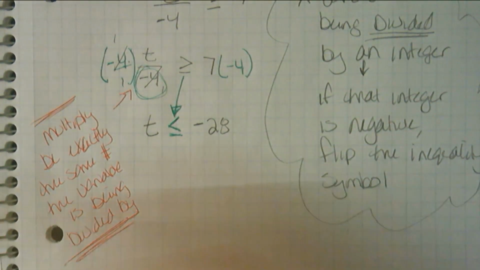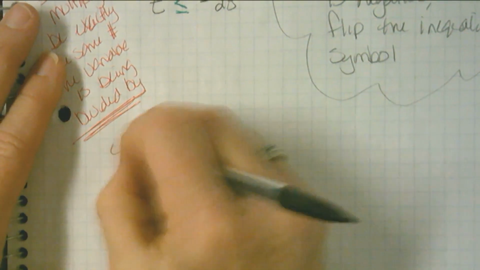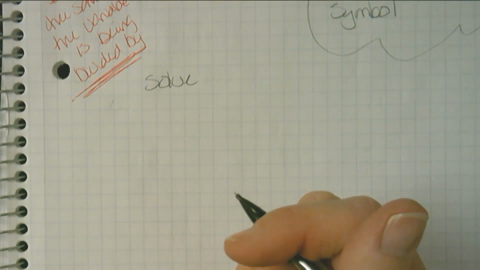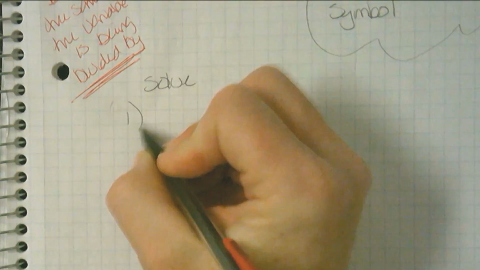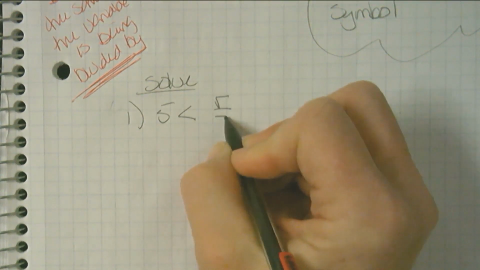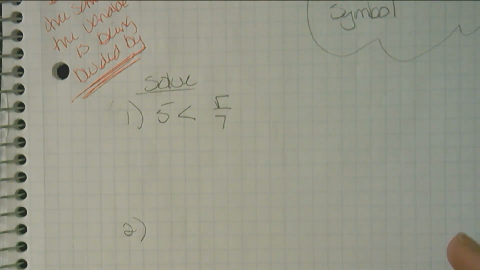All right, let me give you a couple of them that I want you guys to work on. So I want you to solve. All right, so let's do, first one is going to be 5 is less than r divided by 7. Start on that one and I'll get the second one up for you.